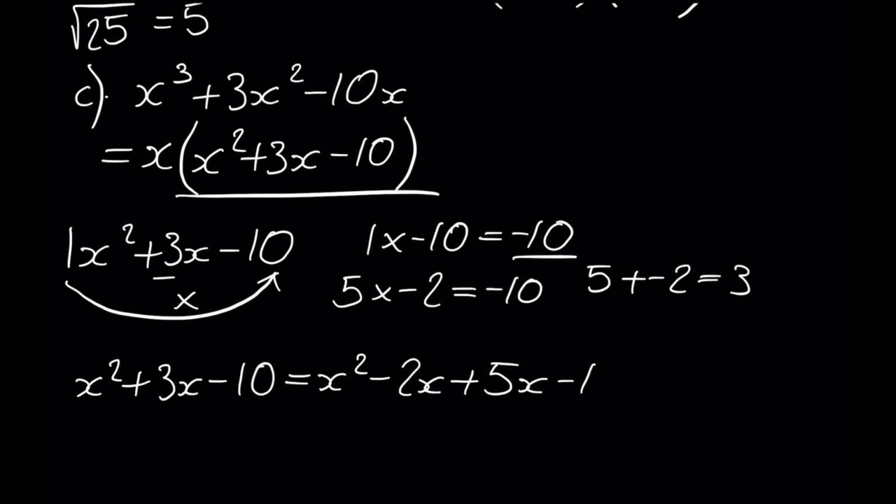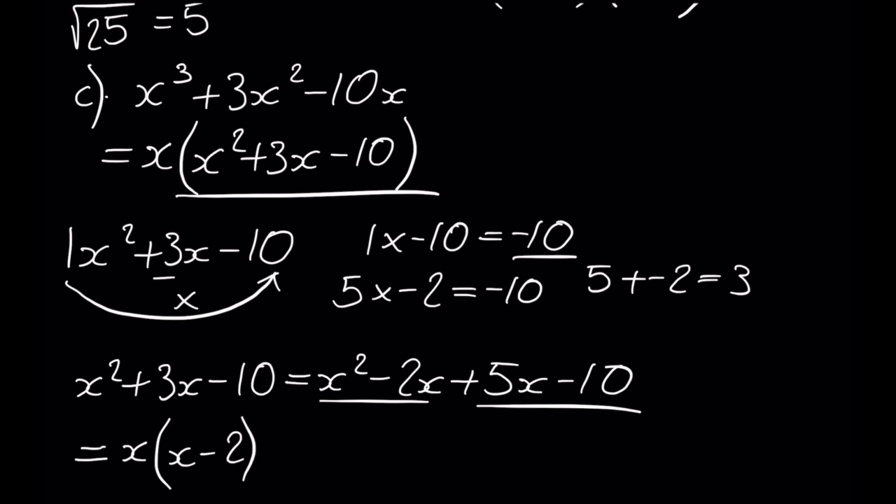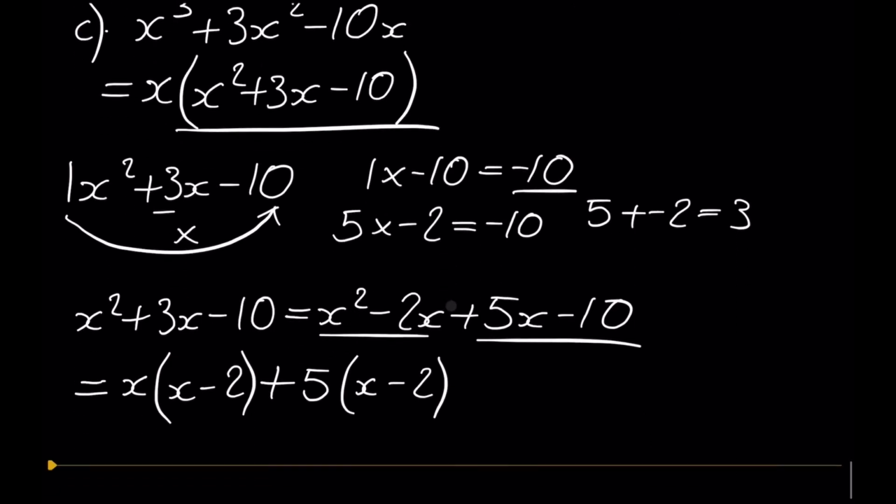And then factorizing the first two terms and the last two terms, we end up with x times x minus 2 and 5 times x minus 2, because x is a common factor in both x squared and minus 2x, and 5 is a common factor in both 5x and minus 10.